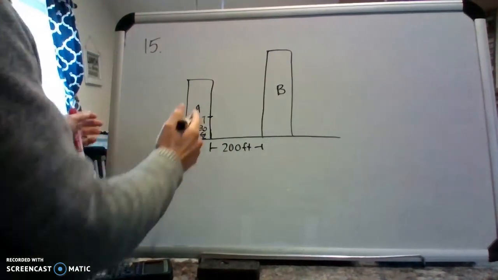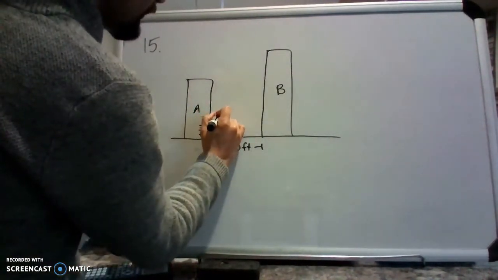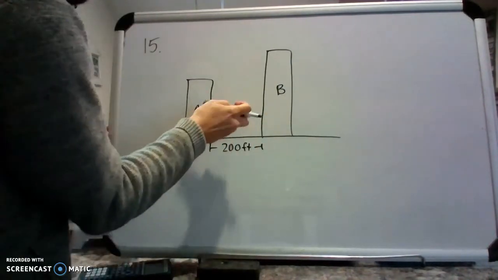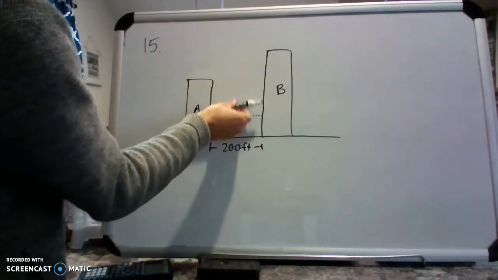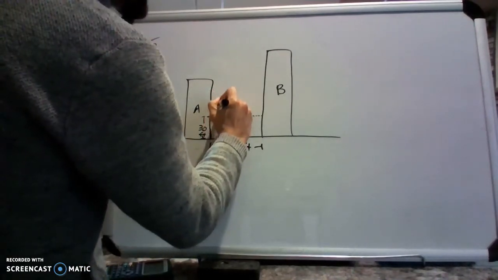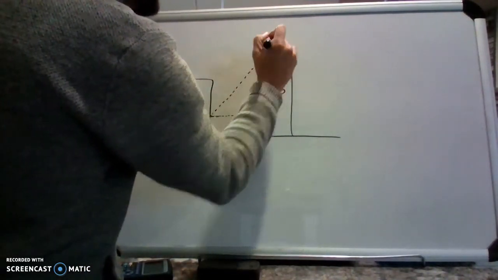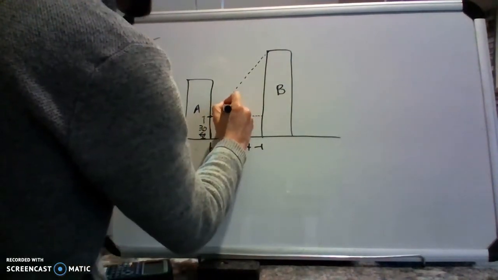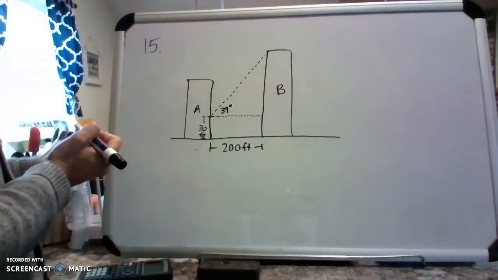Then it says she sights the top of the building B at an angle of elevation of 39 degrees. So the woman's horizontal line of sight would be here. And then angle of elevation is measured from that horizontal line. So if she's sighting the top of this building at an angle of elevation of 39 degrees, that's going to be 39 degrees right there.